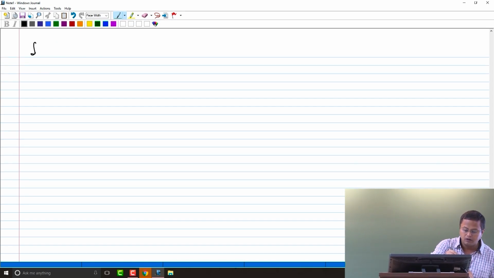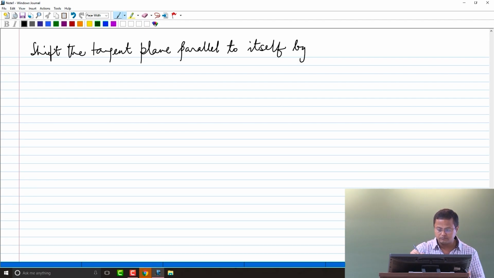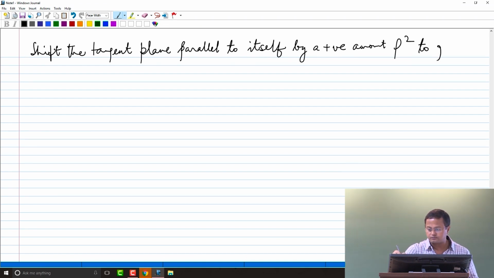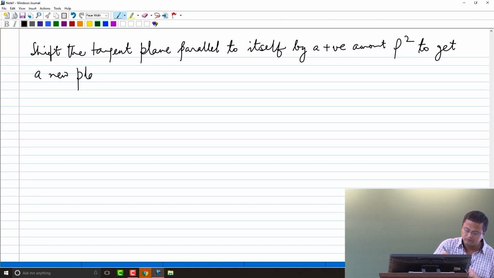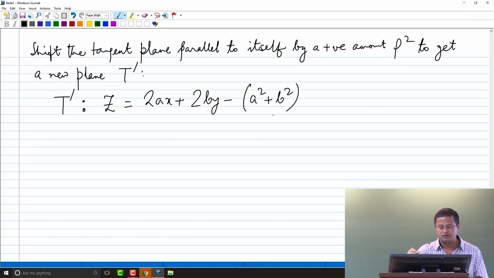Okay. What I now do is, this was the equation of the earlier tangent, I have just pushed it up. So, this is the equation of the new plane.